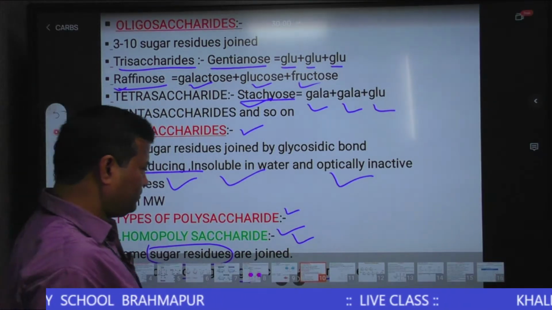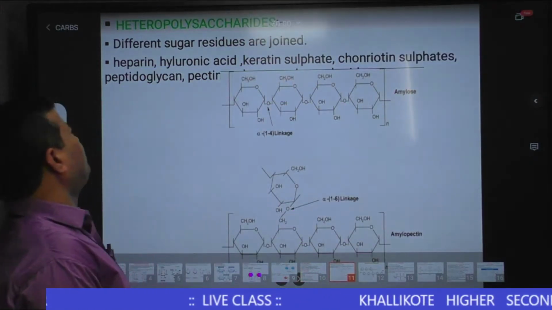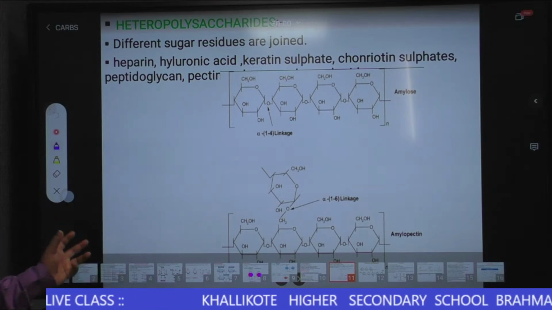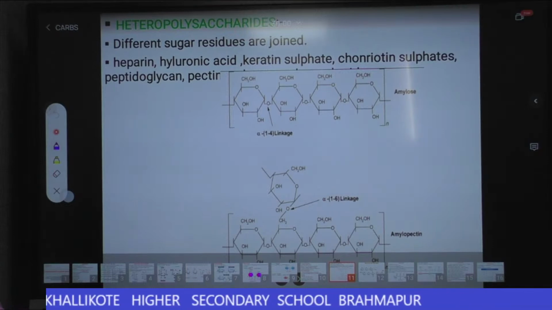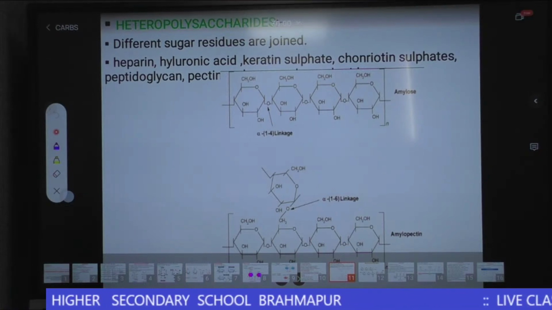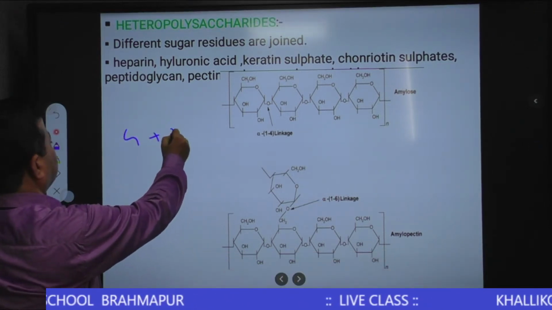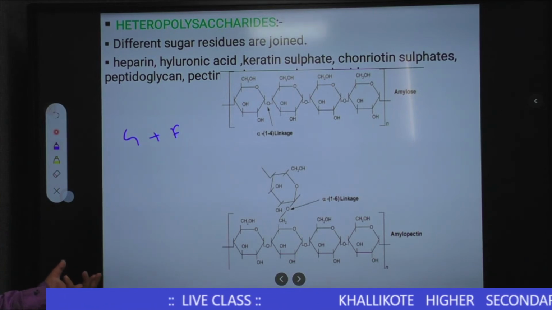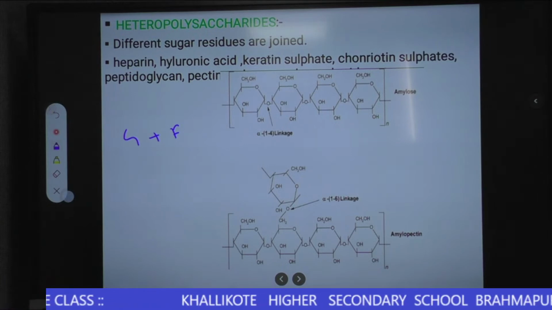Then comes heteropolysaccharide. Heteropolysaccharide means when different sugar residues are joined by glycosidic linkage. Suppose glucose plus fructose combine with each other, that forms a heteropolysaccharide.